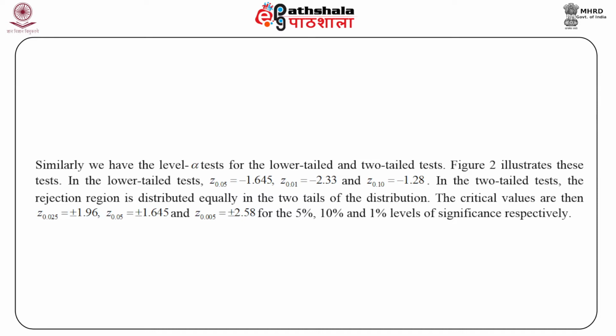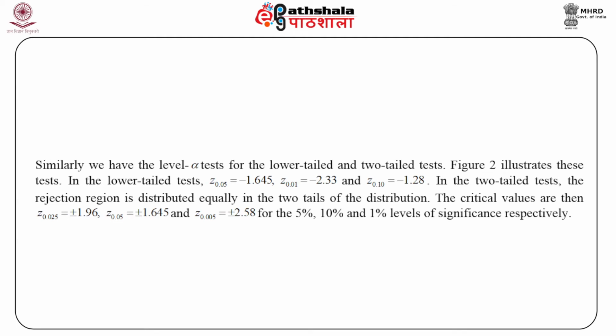In the two-tailed tests, the rejection region is distributed equally in the two tails of the distribution. The critical values, as I am sure you can recollect, are Z for 5%, which is 0.025, equal to plus minus 1.96, Z for 0.05 is plus minus 1.645, and Z for 0.005 is plus minus 2.58, for 5%, 10% and 1% levels of significance respectively.